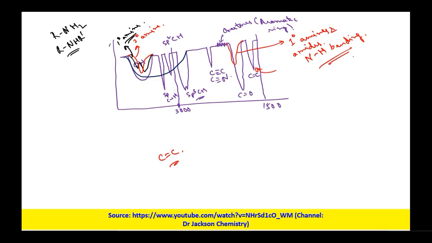You just have to draw a line at around 1500 and 3000, and you will have a peak just after 1500, and you will also have an sp2 CH peak. Now, if it is sp3 CH, then you will have the CH stretching at around 2900. There will be a double peak.